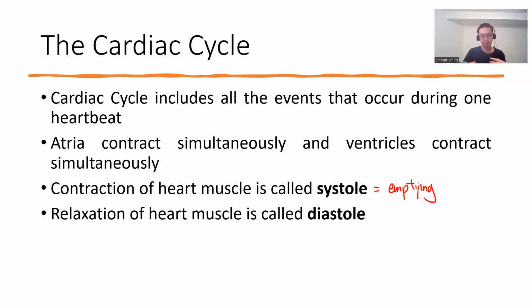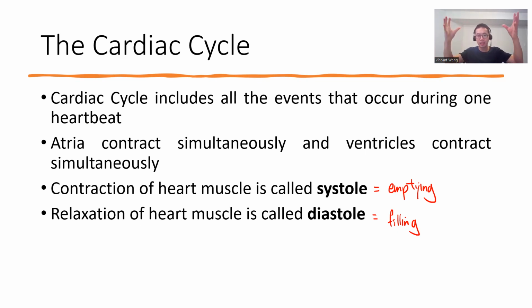The opposite of contraction is relaxation. That's when the heart muscle is just not squeezing. It's just relaxed. We call that diastole. So that's how you pronounce it: systole and diastole. When it's relaxing, then it's filling with blood. So keeping this in mind, let's talk about this one more time.